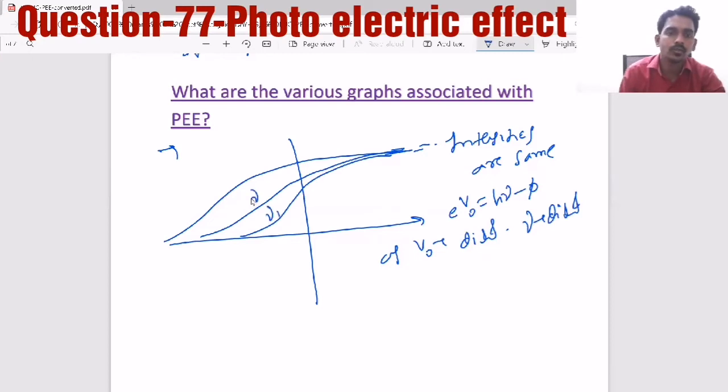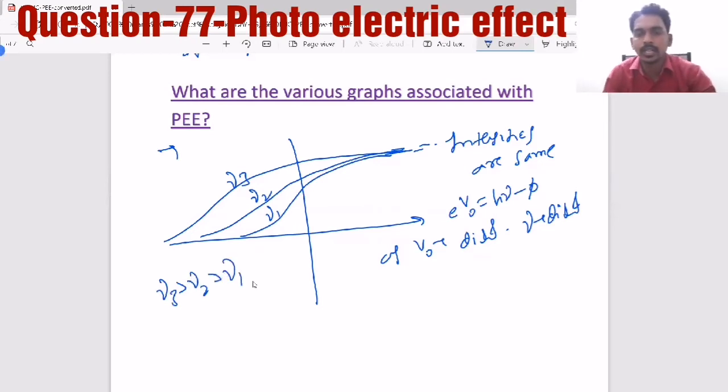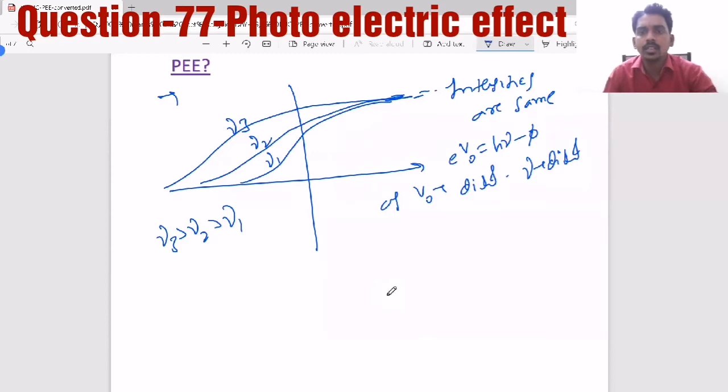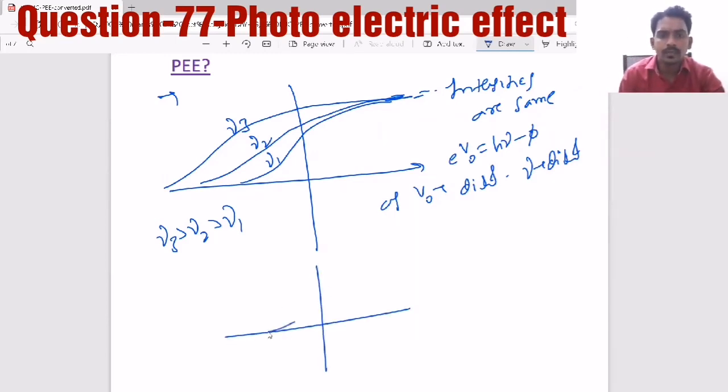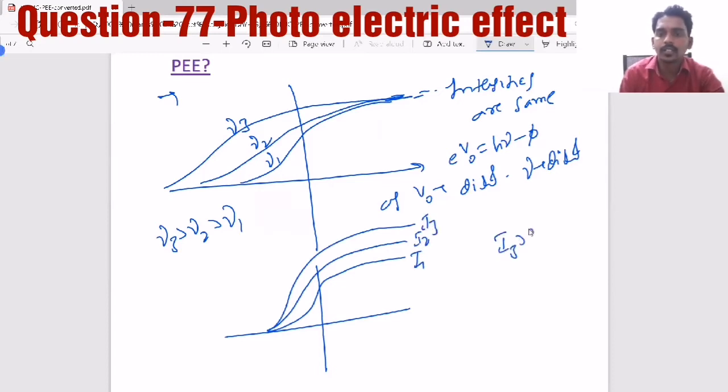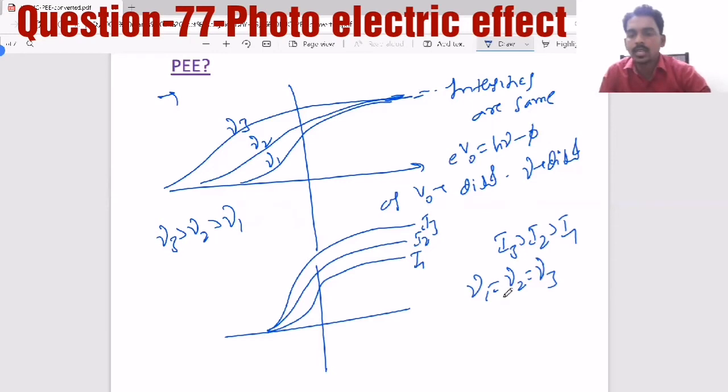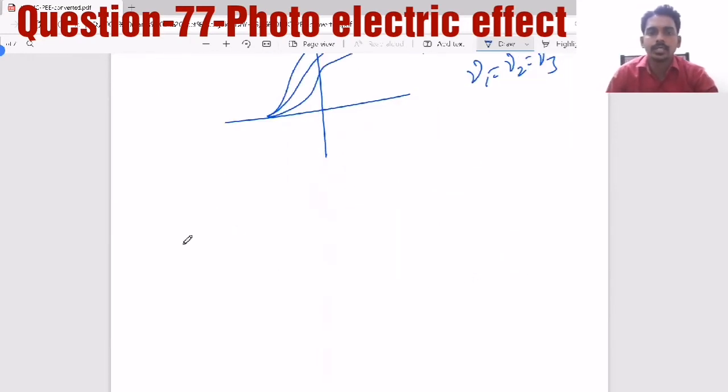Like if you consider nu1, nu2, nu3, then nu3 greater than nu2 greater than nu1. Greater frequency means greater stopping potential. Or else same stopping potential but different saturation currents, means the intensities are different. Then here intensity I3 is greater than I2 greater than I1. But nu1 equal to nu2 equal to nu3. Same light with different intensities.